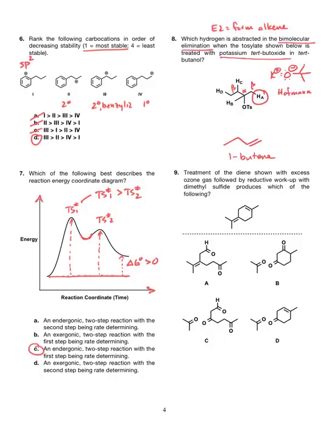Question 9, you have a diene, so that's 2 alkenes you're treating with excess ozone gas, followed by a reductive workup. So ozone gas, remember this is going to do an oxidative cleavage. So each alkene gets cleaved.